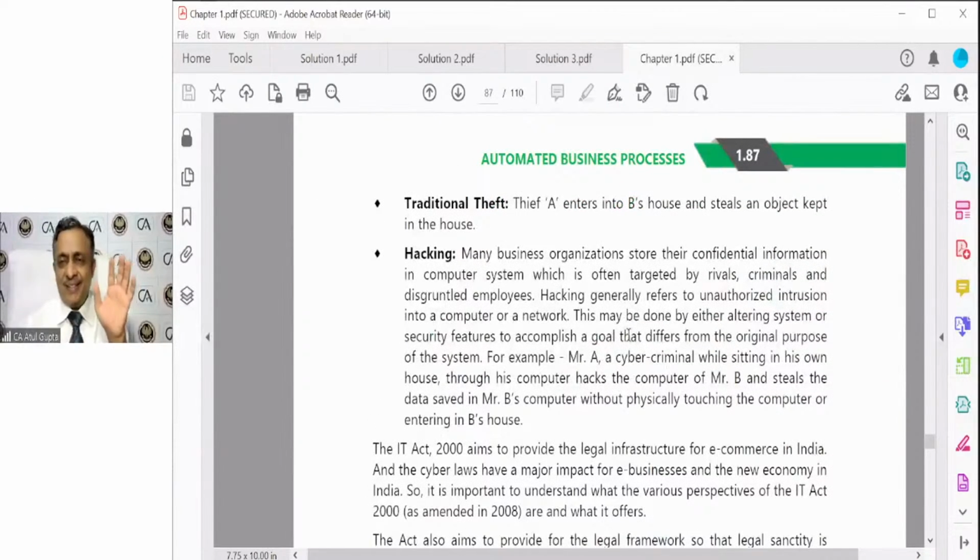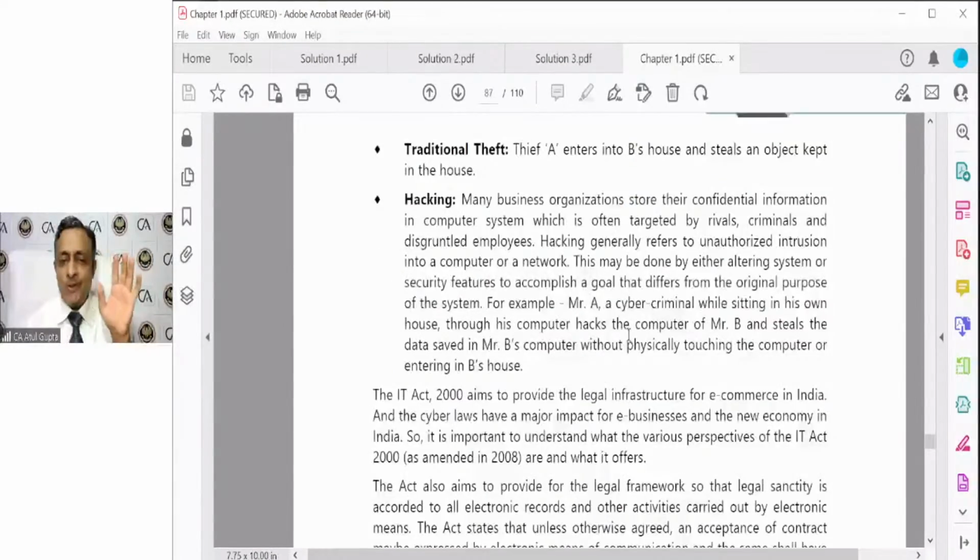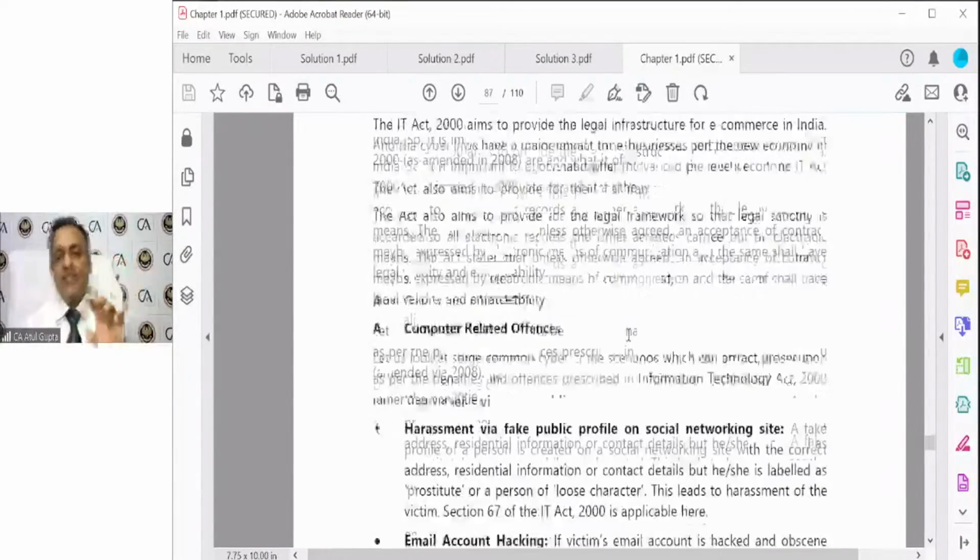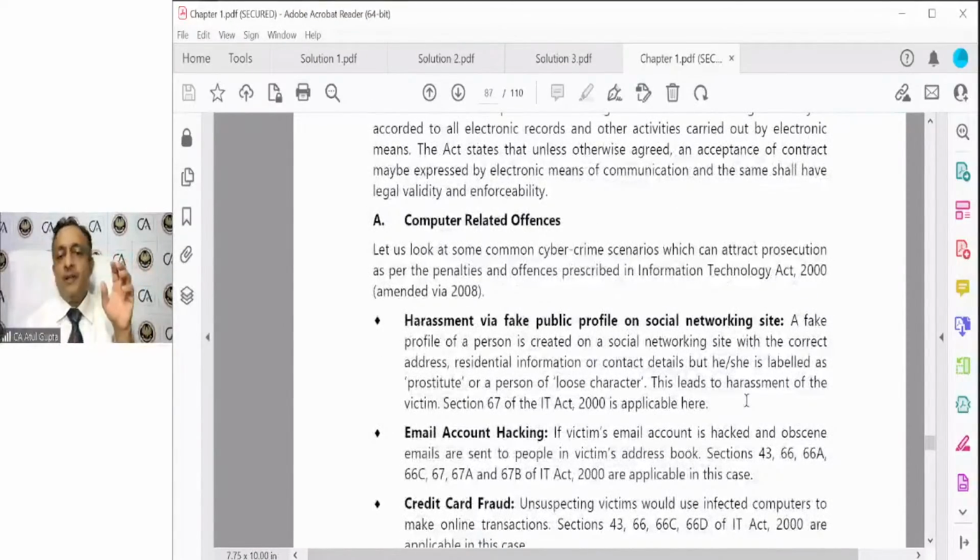Then hacking, I'm not defining them for you. This is important. You need to keep a tag of this: computer-related offenses, fake public profile, it's Facebook. That is why now a lot of validations are being done on social sites when you create a new account.